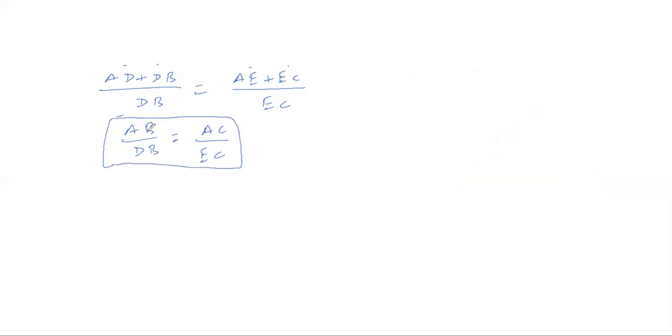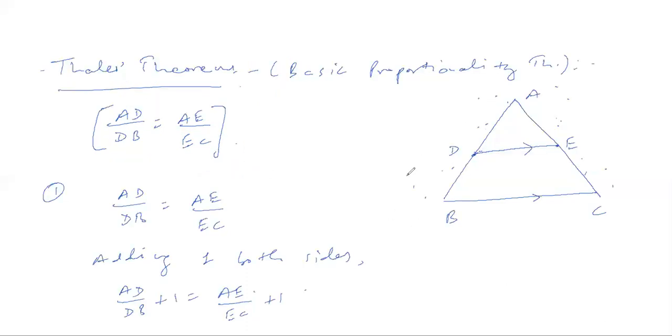What is the difference between this result and Thales theorem? In this result you can see that we write it as the whole side divided by the part of that side, and the same thing on this side also. Like we got AB upon DB equals AC upon EC.